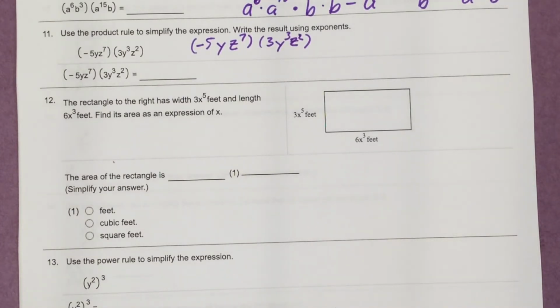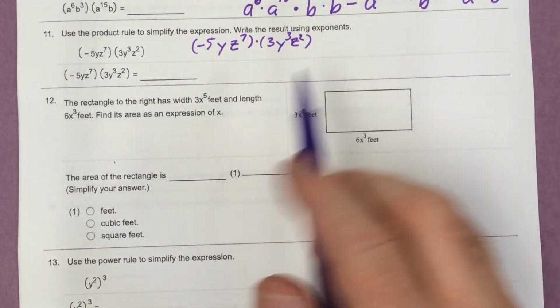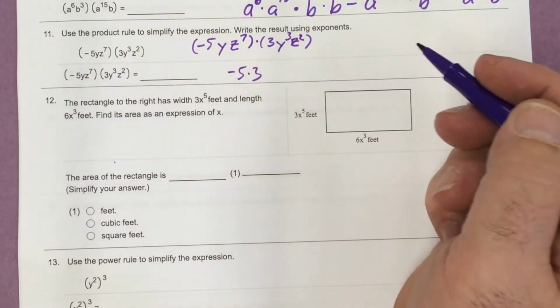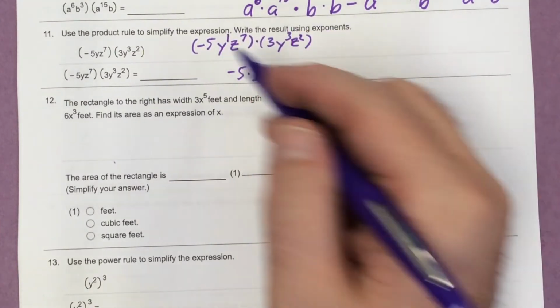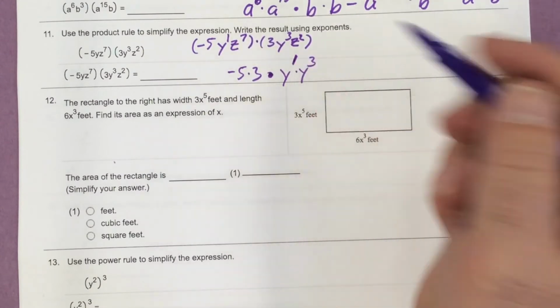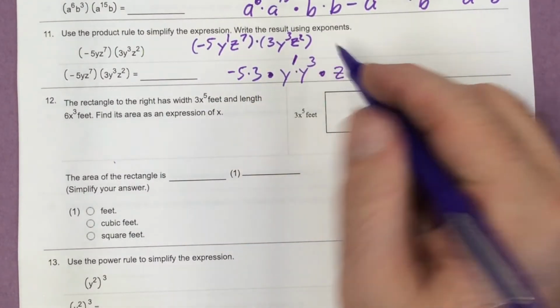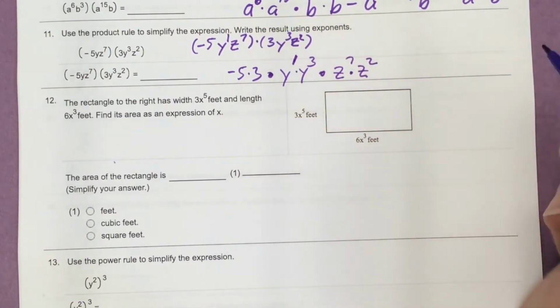Since I have nothing but multiplication going on here, I'm going to bring the numbers together. So I have negative 5 times 3. Now let's bring the y's together. This is y to the 1 times y to the 3. And then this is going to be times z to the 7th times z to the 2nd.